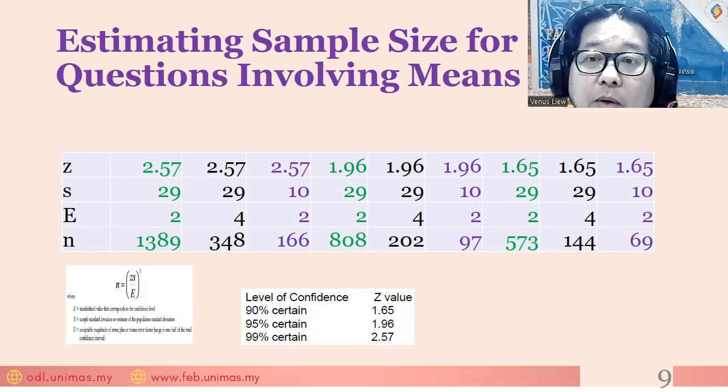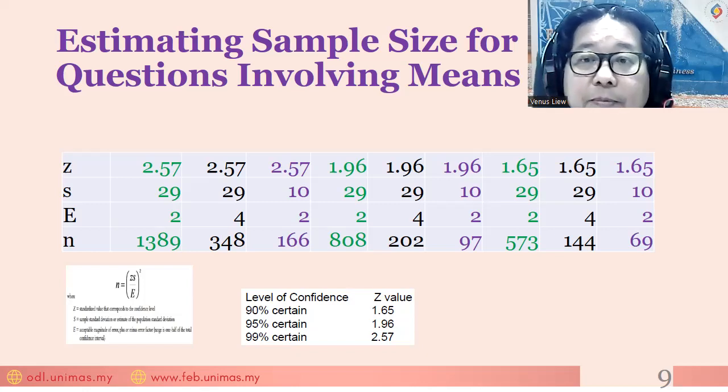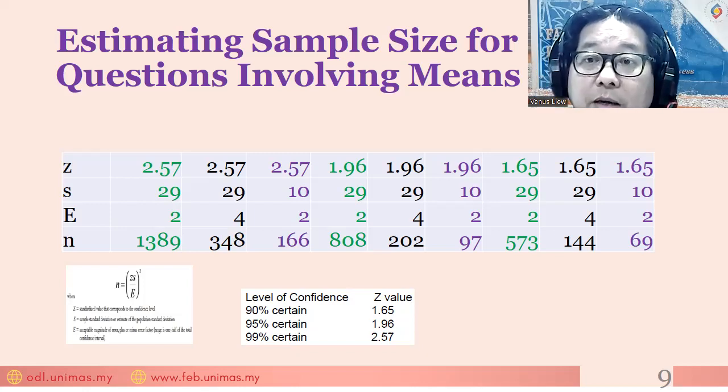If we want to reduce further, we can consider other aspects like E. Instead of a very precise plus minus 2 margin of error, we can have a bigger E. For example, if we have 4 instead of 2, then you just need 144 as the sample size.